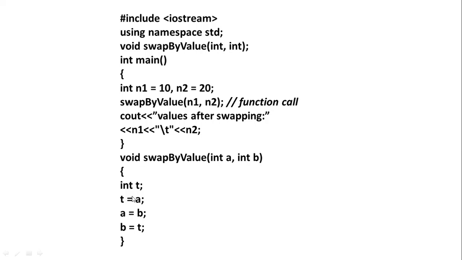The function definition is where the operation you have to perform is written, and the parameters of the function definition are known as the formal parameters. So actual parameters are the parameters in the function calling, while formal parameters are the parameters in the function definition. Okay.